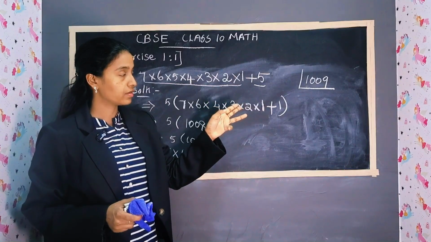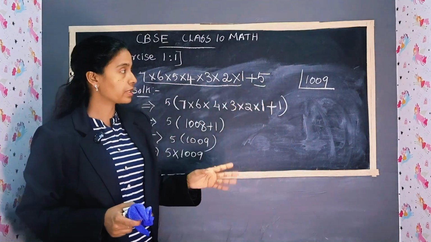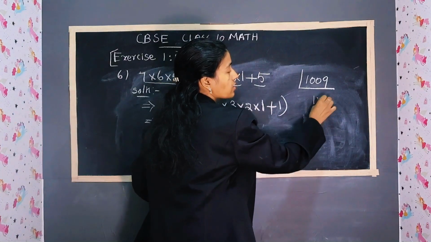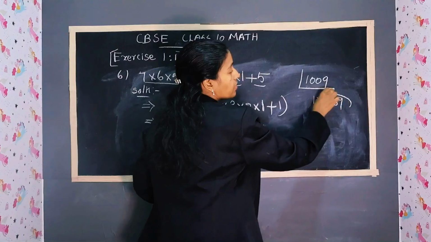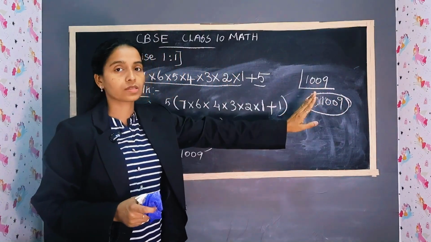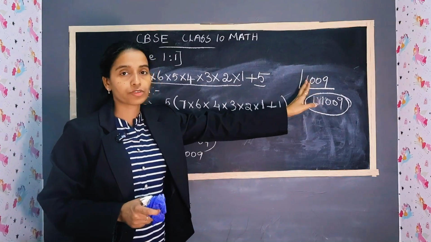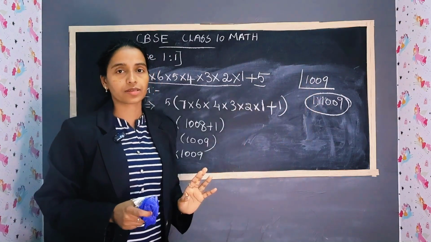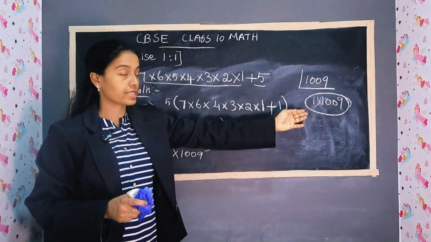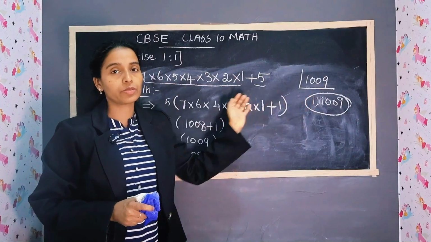We cannot divide this number by any number completely. So 1009 would be the factor of this number. Generally the factors of 1009 are 1 and 1009. Okay, why? Because we cannot take any number except 1 for dividing this 1009 completely.